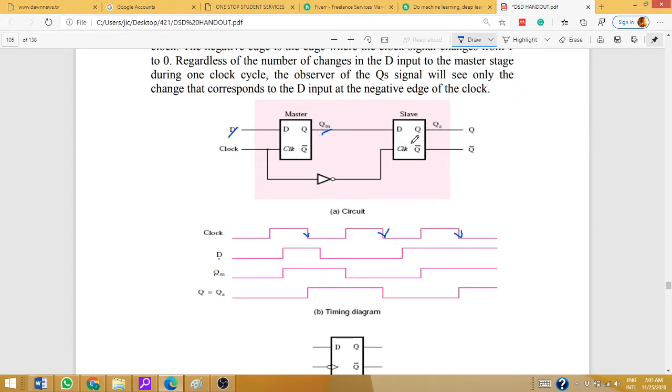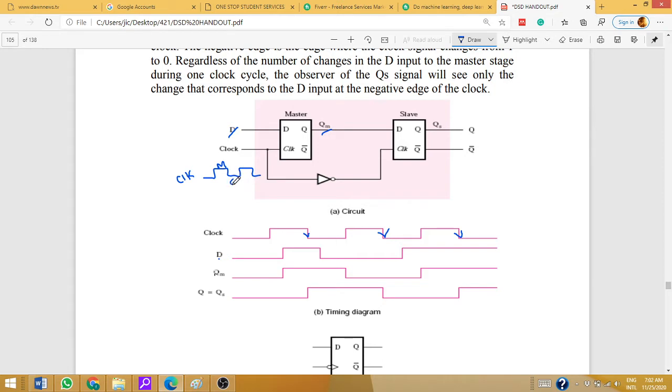What is the second, slave flip-flop? When a positive pulse is here, it will be a negative pulse, because it is passing through an inverter. So this master is working on high level, and the slave is connected after the inverter.